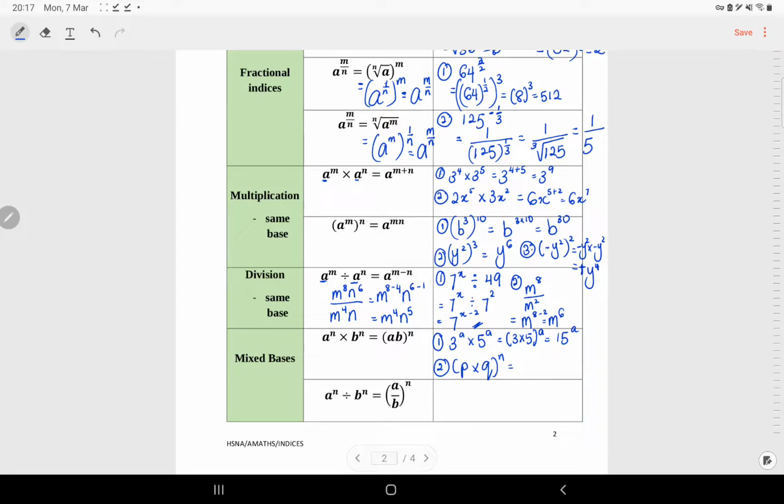This can be written as p times q, the whole thing to the power n. You multiply the constant and then the whole thing to the power n.